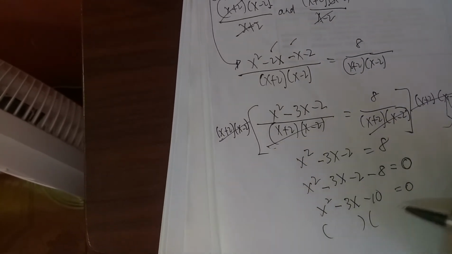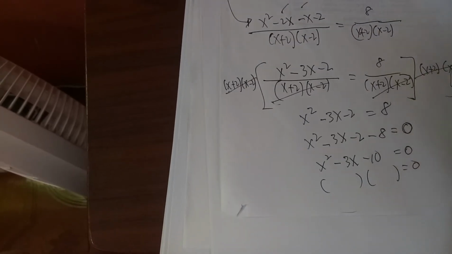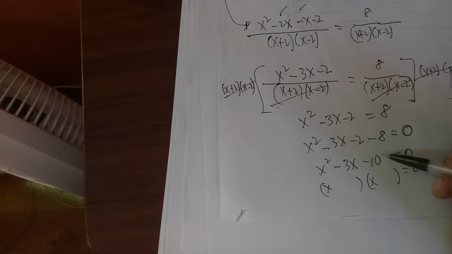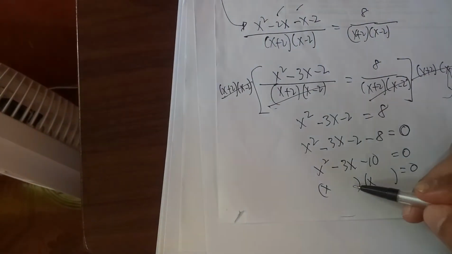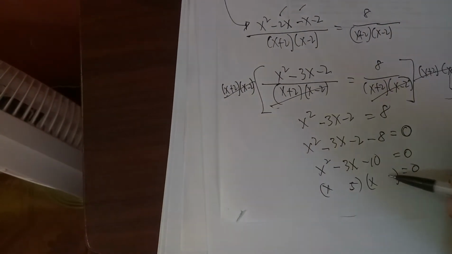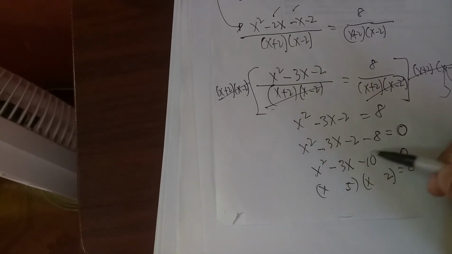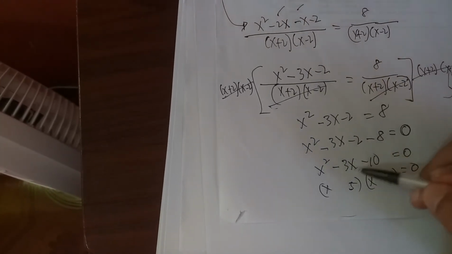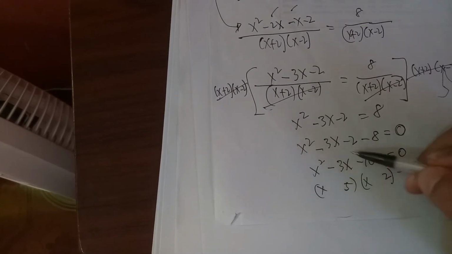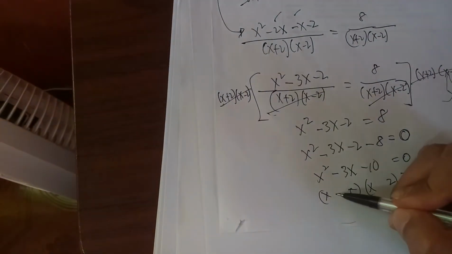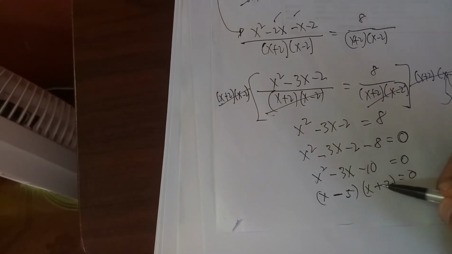Since this is factorable, a trinomial, the first term is first term times first term, and for the last term, it can be 10 times 1 or 5 times 2. Last term times last term equals the last term. Now the middle term is negative, and the sign of the middle term will also be the sign of the bigger number, and the smaller number is positive.